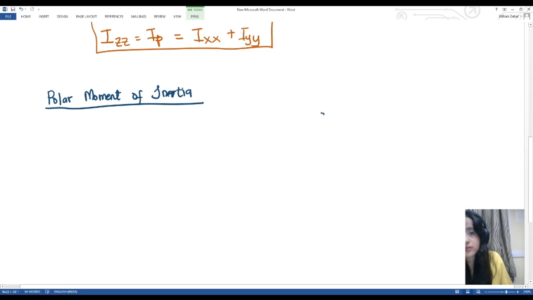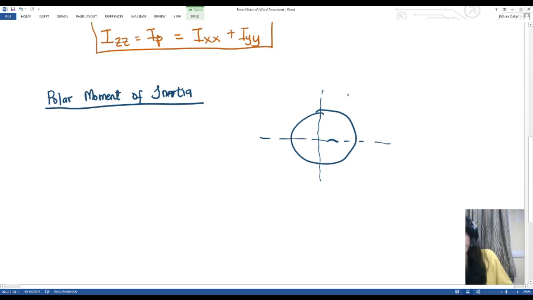Let us say the y axis and x axis run through the center. From the previous video, how do you find the moment of inertia of a solid circular section? The moment of inertia about the Ixx axis equals Iyy, which is pi by 64 d raised to power 4, right?